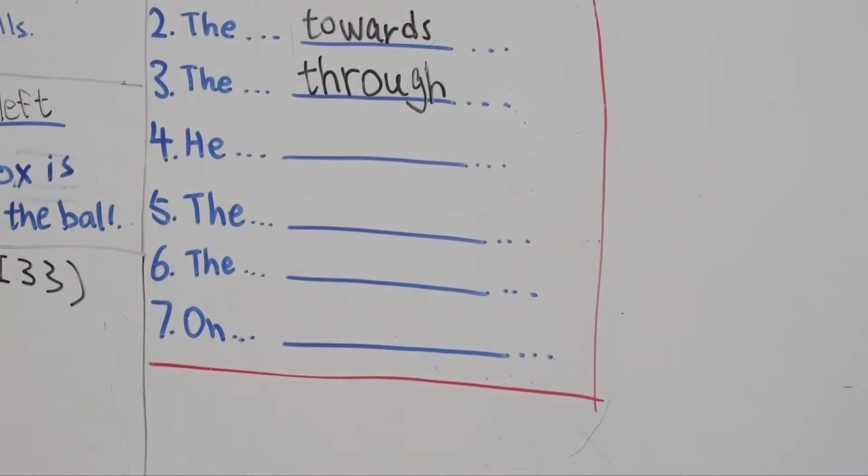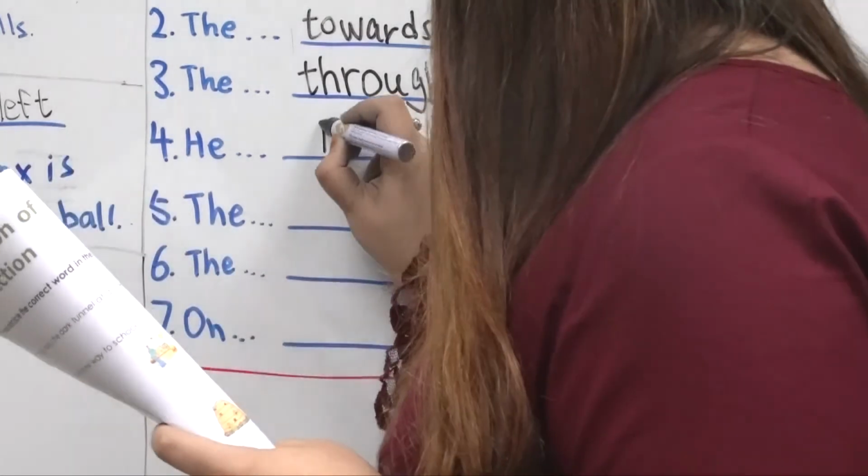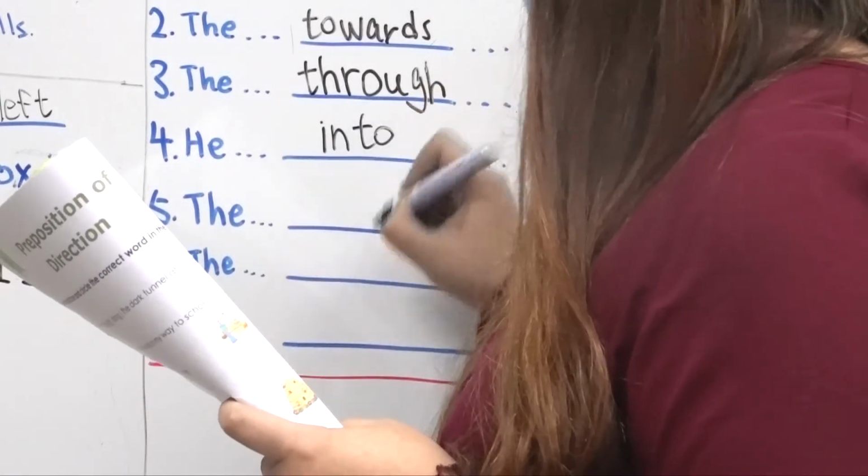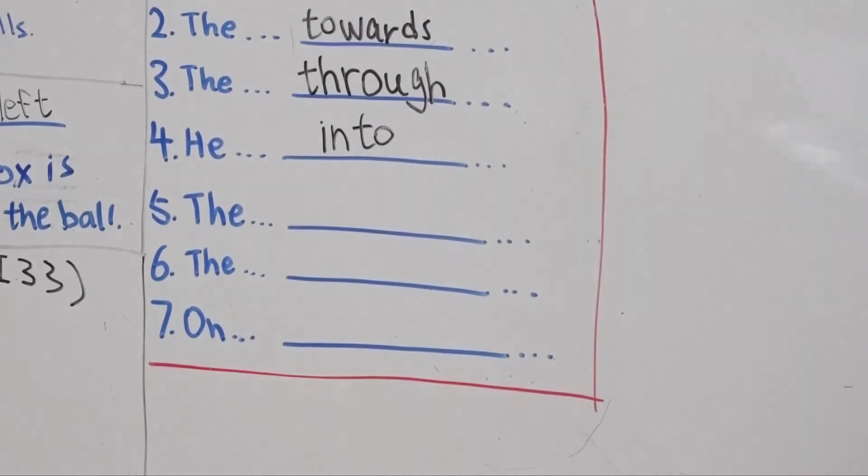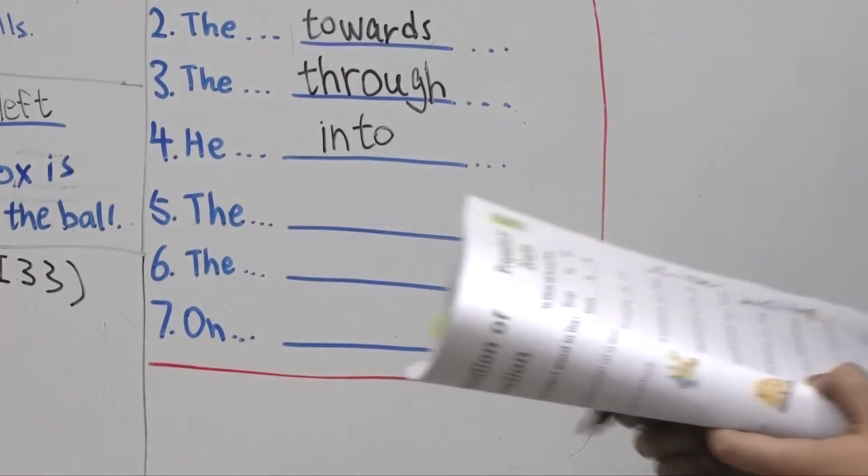All right, next one. He is putting the books back what? His bag. Into his bag, right? That makes sense. Into his bag. Because you put all your books into your bag, right? Next one. The dog ran what? It's faster when he whistled. It is two words, right?